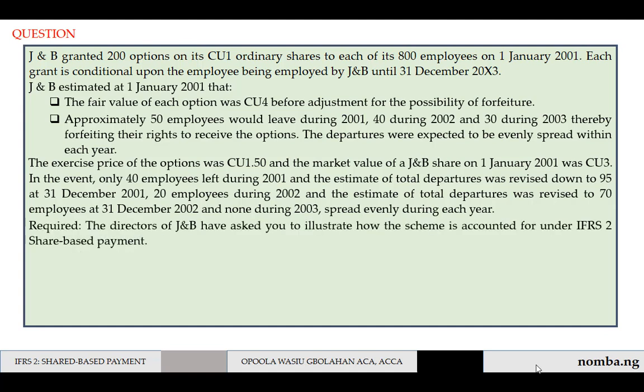The directors of J and B have asked you to illustrate how the scheme is accounted for under IFRS 2 share-based payment.